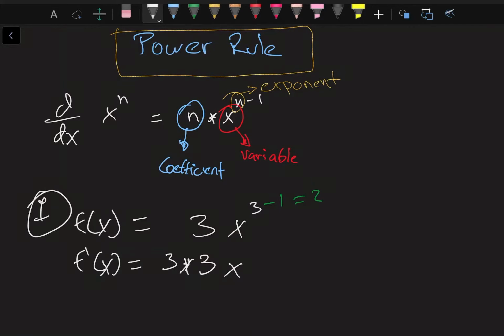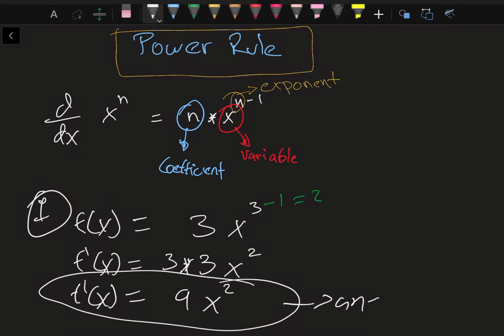So therefore, x, which is our variable, raised to the 2, which is our exponent, because 3 minus 1 is equal to 2. Then after that, we simplify things. 3 times 3 is 9x squared. And this is our answer.